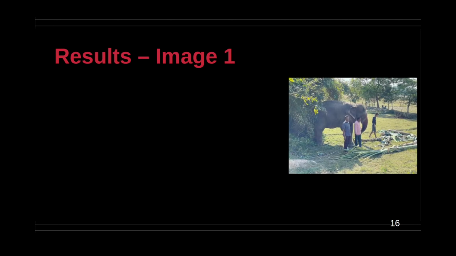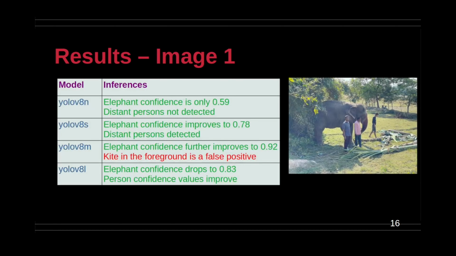Here is a quick summary of the results for the first test image. In the nano model, the elephant confidence is only 0.59, and the two persons in the top right-hand corner were not detected. In the small model, the elephant confidence improves and the distant persons are detected.